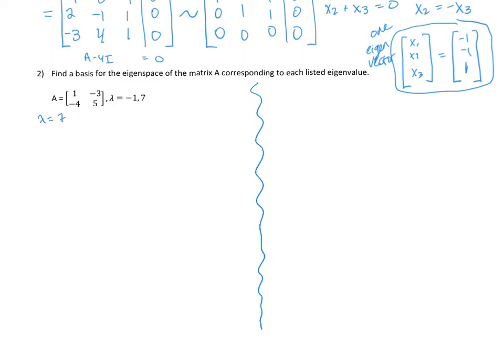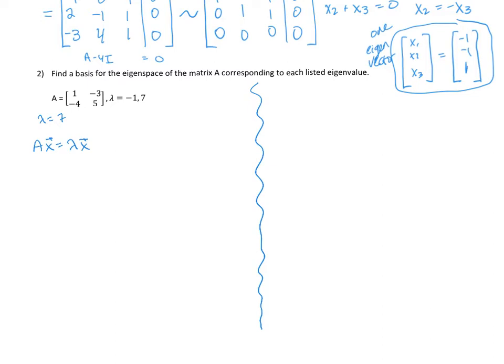So find the eigenspace. That means find all the solutions to Ax equals lambda x. So in the previous problem, we found one solution. The eigenspace is all the solutions. So I have to go through and do this solving process again.